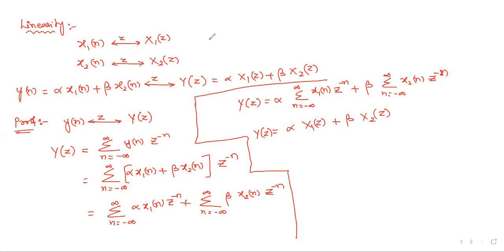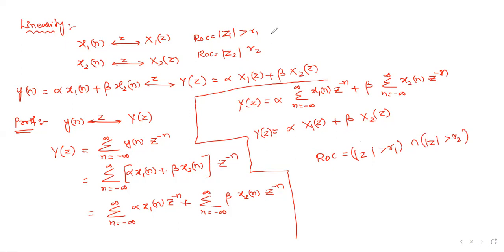Based on this, first we will see the ROC. Let us consider mod z greater than R1 for the first signal, and mod z greater than R2 for the second. What will the resultant ROC be? It is the intersection: mod z greater than R1 and mod z greater than R2.